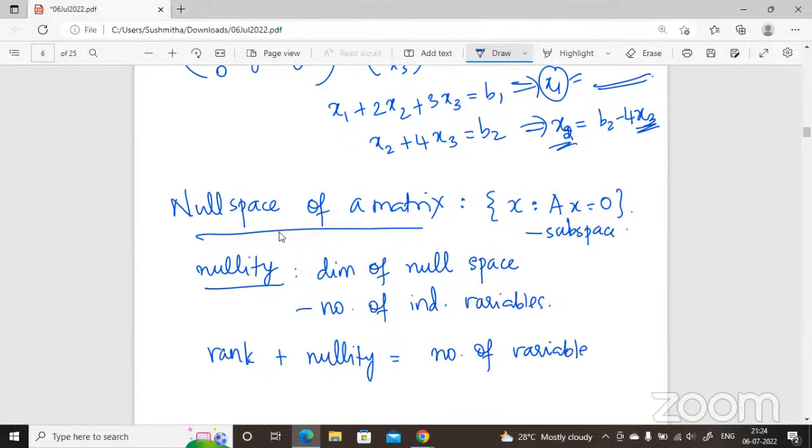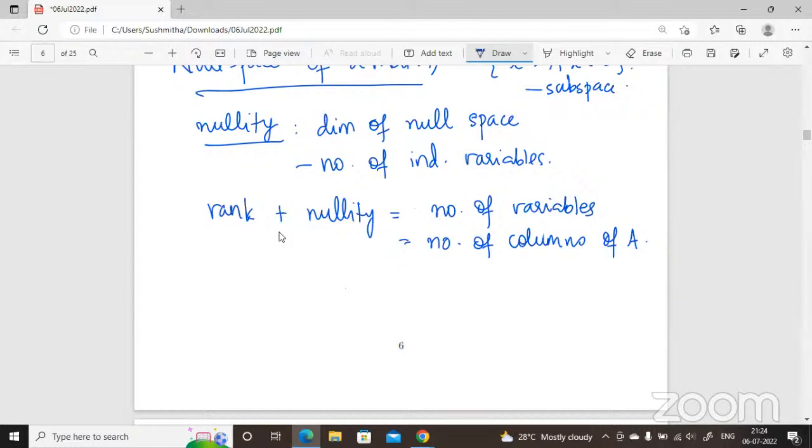Right? Yes, ma'am. And this is also equal to the number of columns of A. We can also say nullity is n minus rank. Rank plus nullity is the number of columns of A.